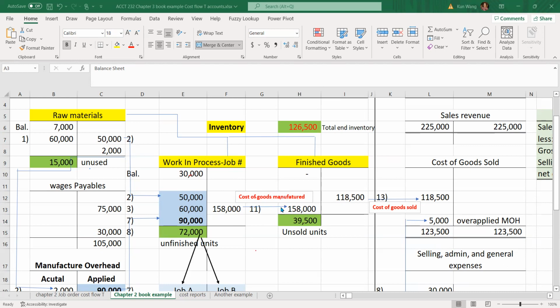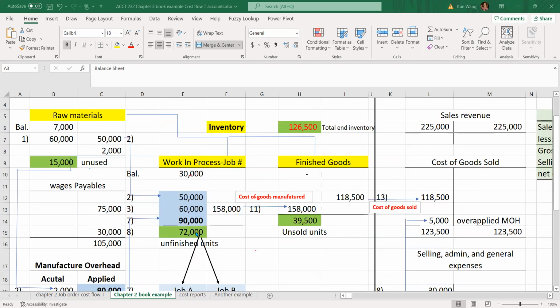And this transferred cost we call cost of goods manufactured. So if you started on chapter 3, you probably noticed this important concept in chapter 3, cost of goods manufactured. That's referring to the cost of the jobs or products which are completed from the working in process inventory.